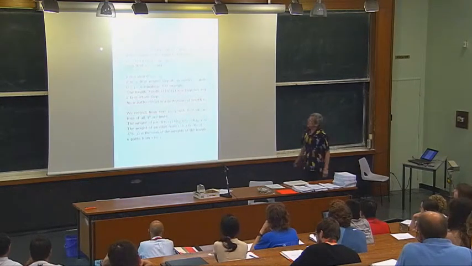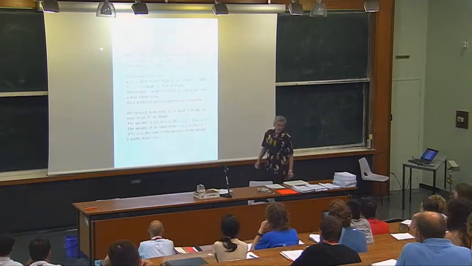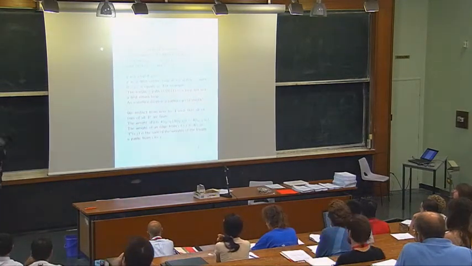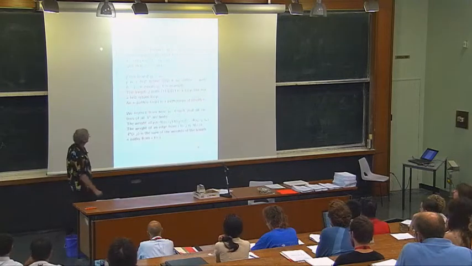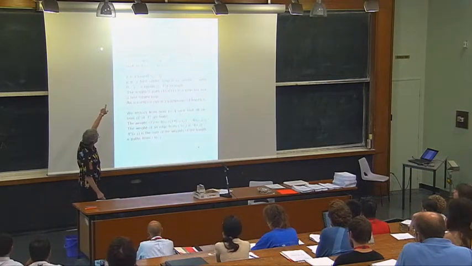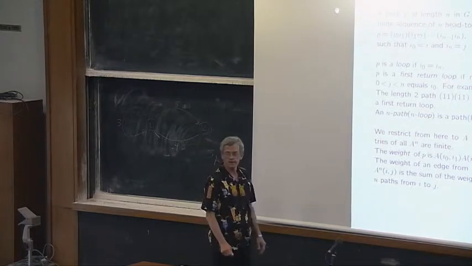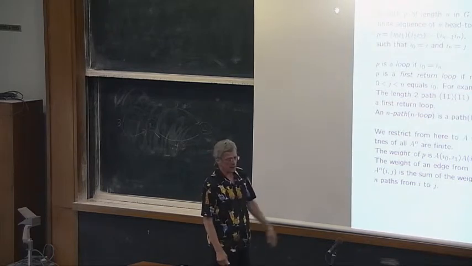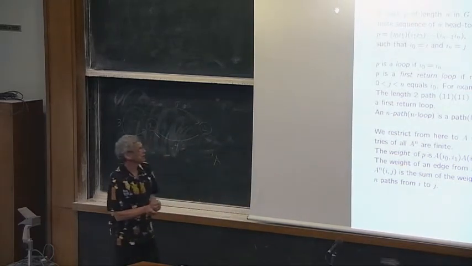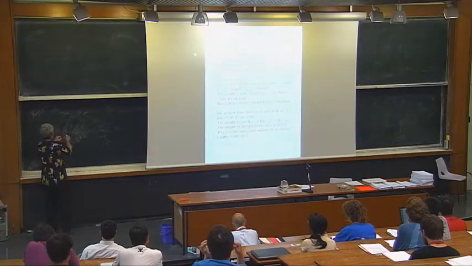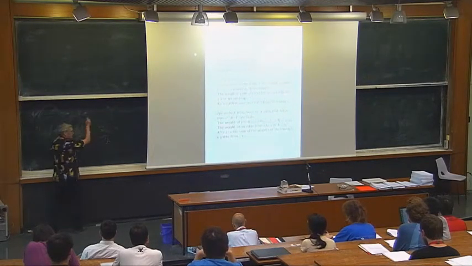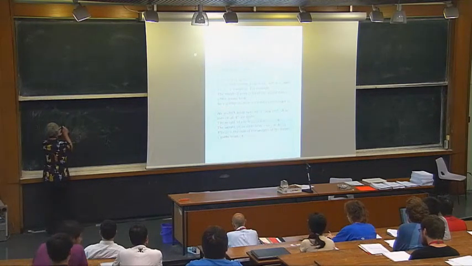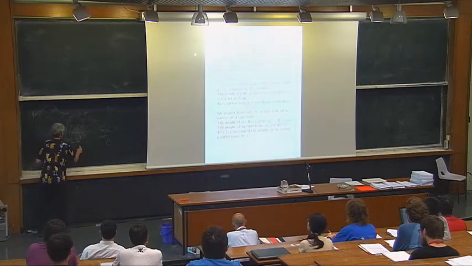Okay, now a little terminology. A path P of length n in this labeled graph, this is G_A coming from A. A path of length n from i to j is just a finite sequence of n head-to-tail edges from i to j. Here I've taken an edge to be given by a pair, which is first the initial and then the terminal vertex of the edge. So for example, the path 1 to 2, 2 to 1 would look like that.